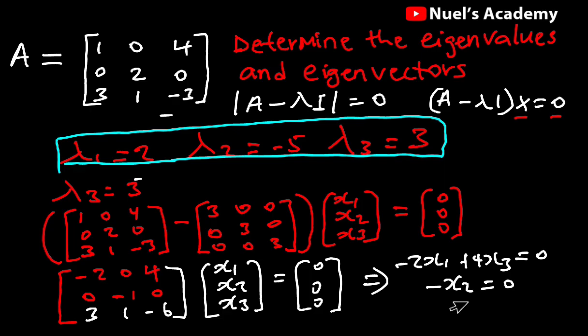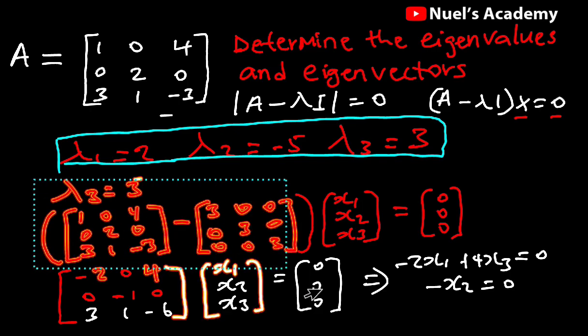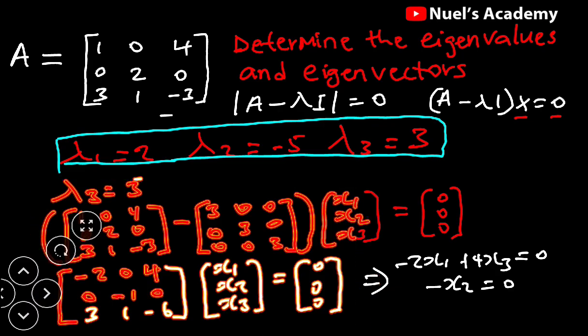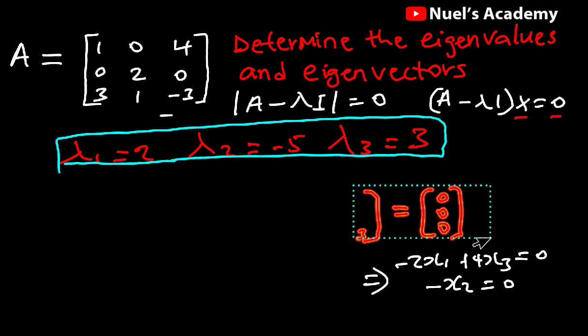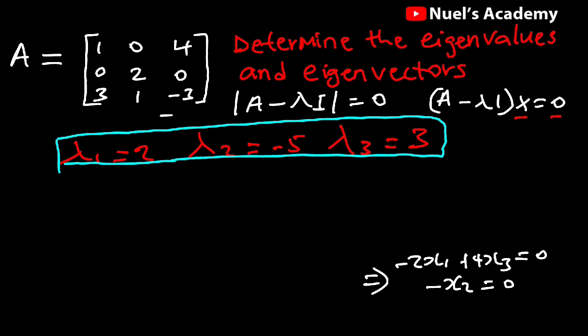So from this second equation, we have minus x2 is equals to 0. If we divide both sides by minus 1, we have that x2 is equals to 0 by minus 1 is equals to 0.